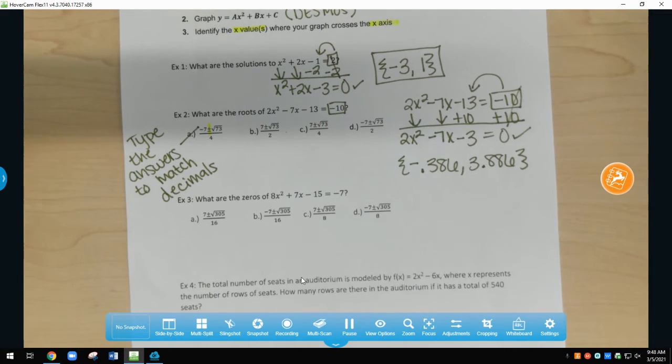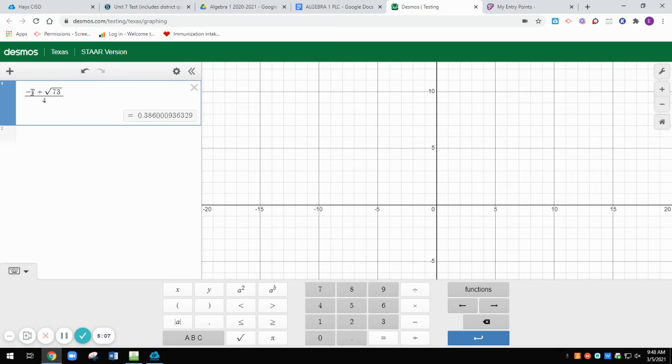So let's try answer choice B. So B is just positive 7. And then I need to change the bottom to a 2. That one is not it either.